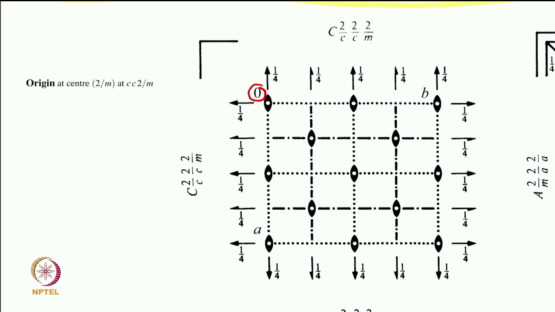However, one could have chosen the origin at other locations. So, the location of the origin is important. What is being given here is that the origin is at the center. Center means center of inversion.